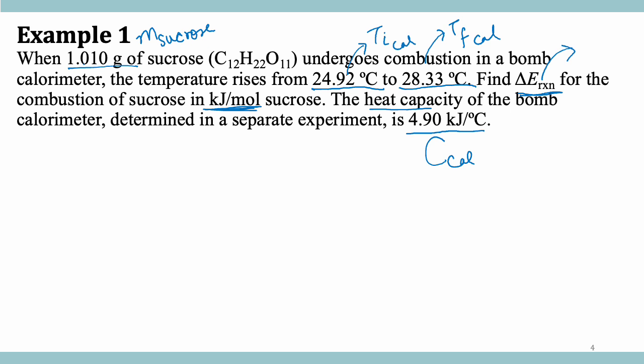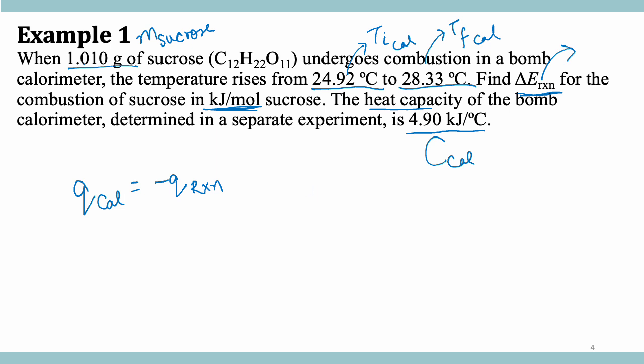The major difference here is that when we are working with a bomb calorimeter, always remember Q of calorimeter is equal to negative Q of your reaction. I am interested in delta E of my reaction.